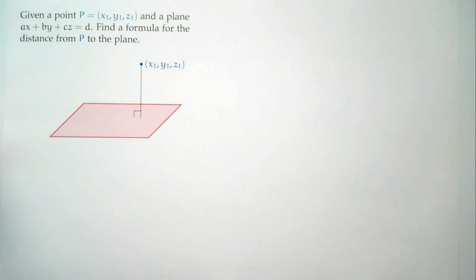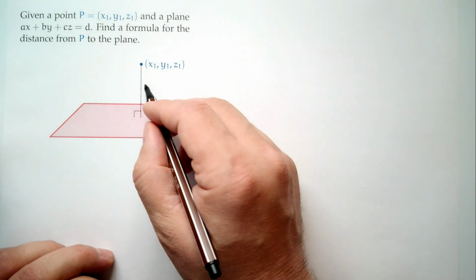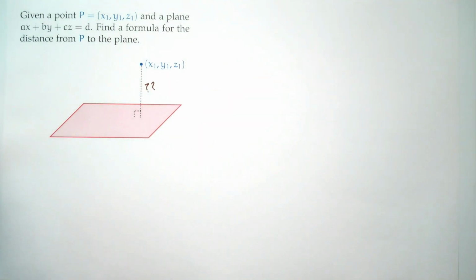So in other words, I want to find this length here. All right. Well, interesting times. Let's think about this for a moment. There's lots of ways to do this, and we'll do this in a couple of different ways over time. We're just going to focus on a nice, simple formula for now.